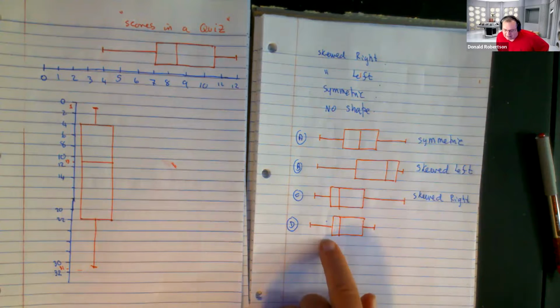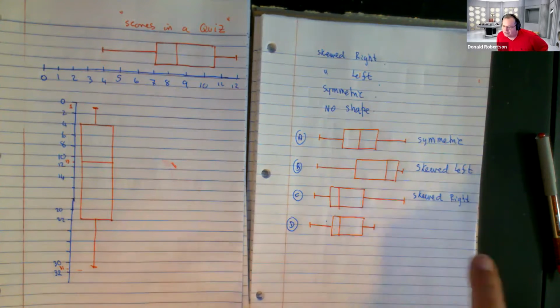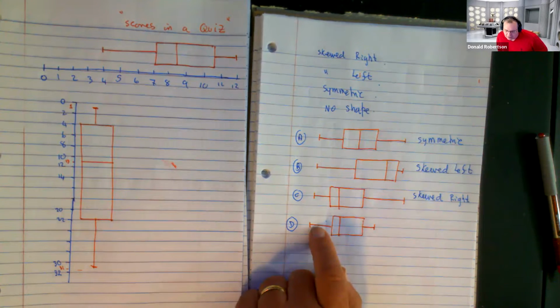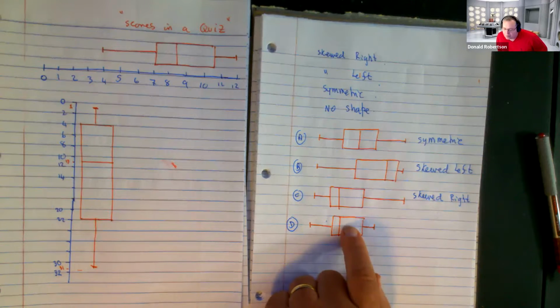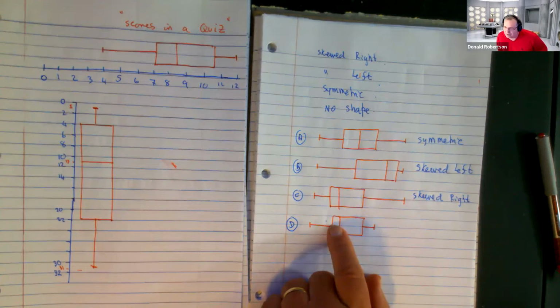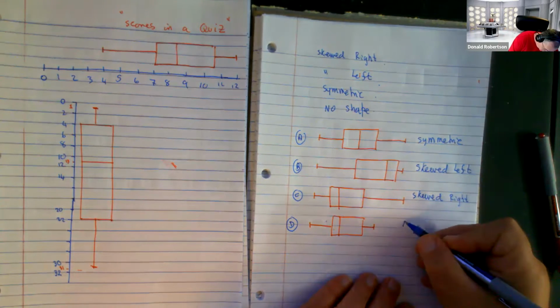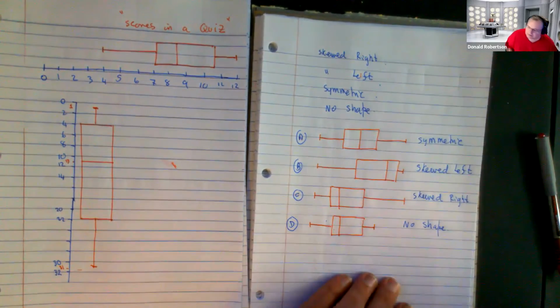Now, a lot of box plots are just mess, right? There is no discernible shape. Now, if you look at this one, would you agree the tail on the left is bigger than the tail on the right? But isn't the box on the right bigger than the box on the left? So what you are looking at here is a situation where there is no particular shape to the data, right?